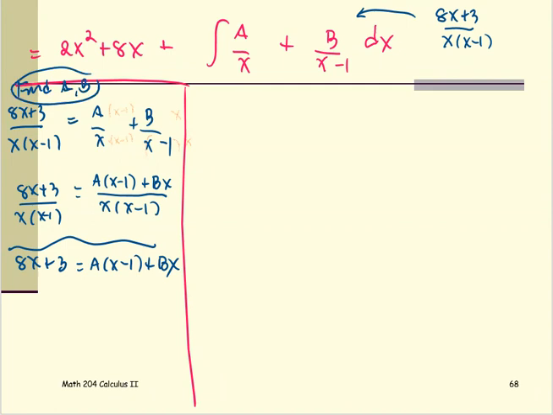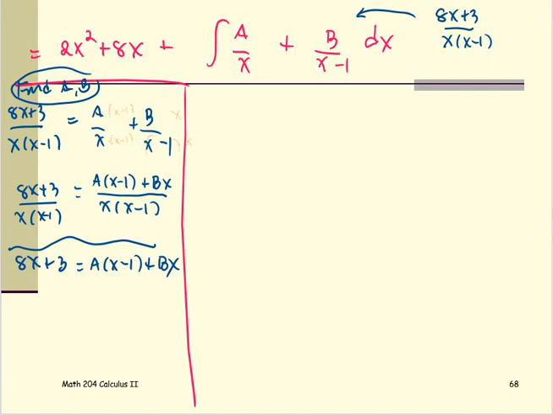Okay, to find a and b, this one is convenient. You have two unknowns, a and b, and then you see the a multiplied by x minus 1 and b multiplied by x. So you can pick a convenient number to eliminate a one time and pick another convenient number to eliminate the b another time, like what we did in the last example.